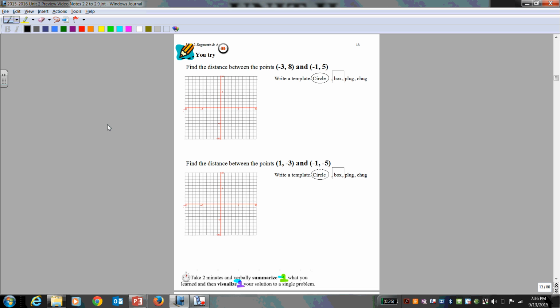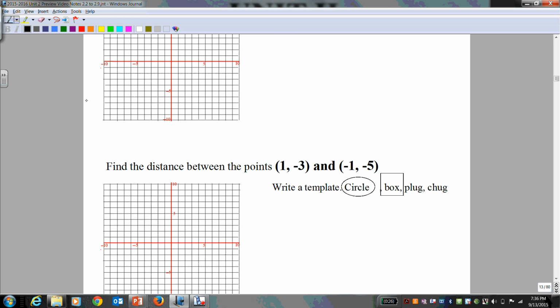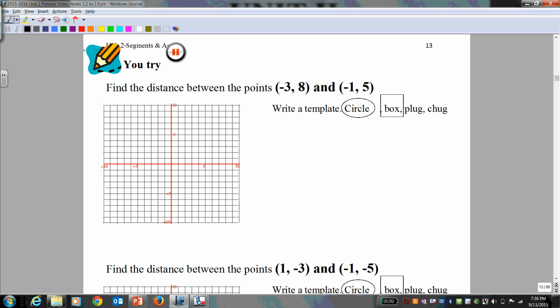Follow the same process. I'd like you to do these 2 on your own, then check your work. Pause. Welcome back. Let's take a look here. First thing I do is I plot my points. So I have -3 and 8.